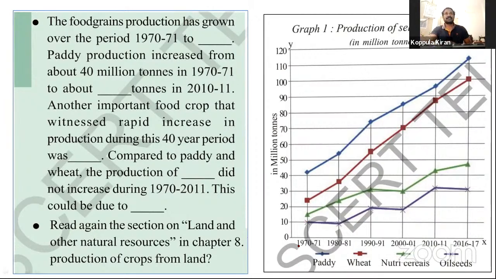See this, that's why in 1970-71, although we had got independence already, production is very low in the decade of the 1970s. After that, the 1980s, 1990s, 2000s. Particularly this color, paddy, is increasing rapidly every decade, and wheat also followed this paddy.